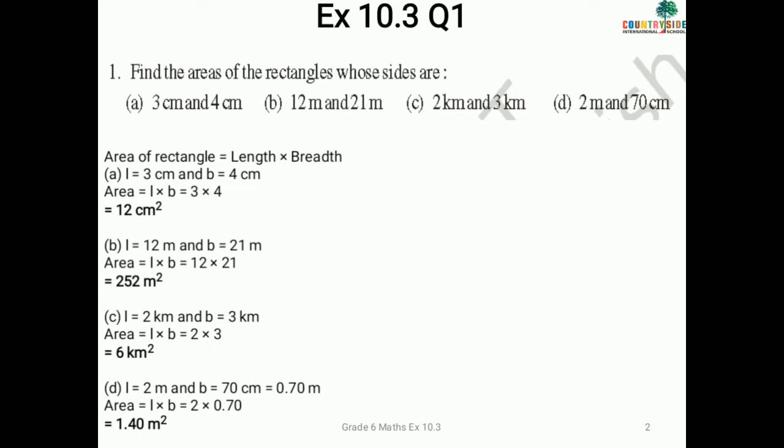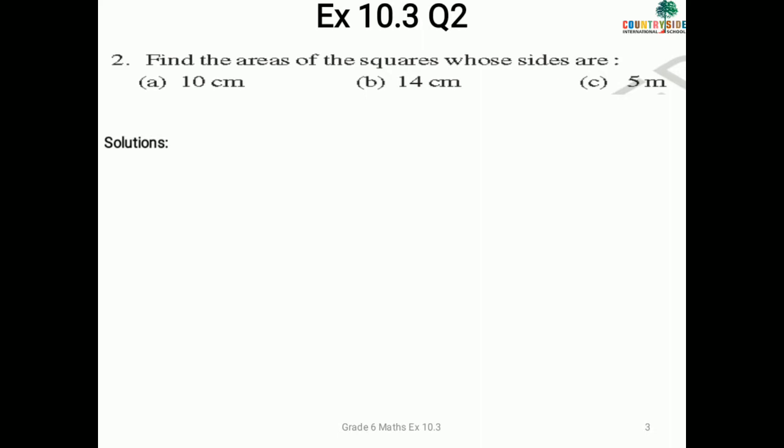We have converted centimeter into meter, and we know how to convert it, right? In the previous chapters we have done this. So now length equals 2 meter and breadth equals 0.70 meter. L into B, 2 into 0.70, that is 1.40 meter square. So in this way we have done question number 1.